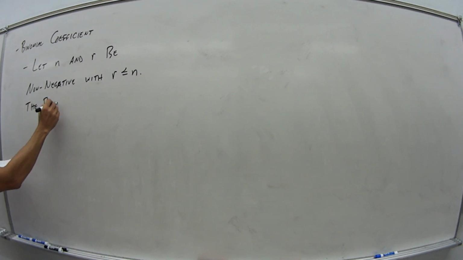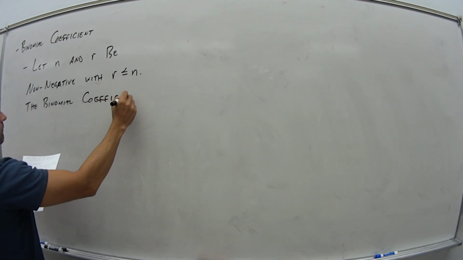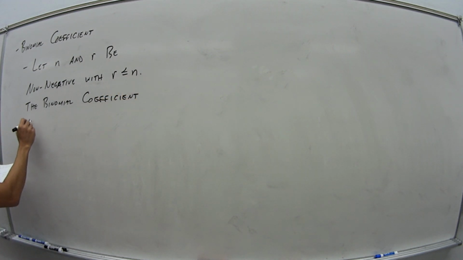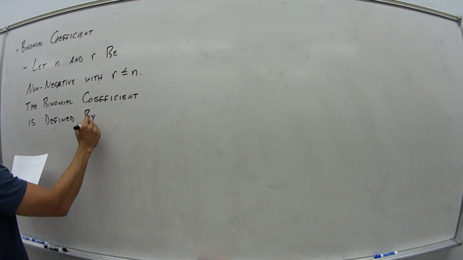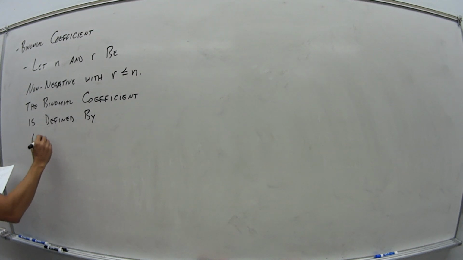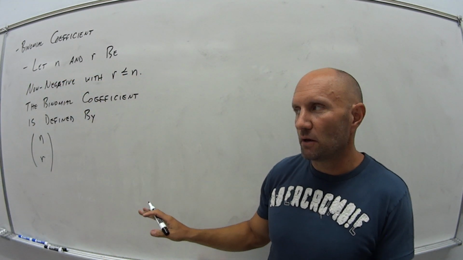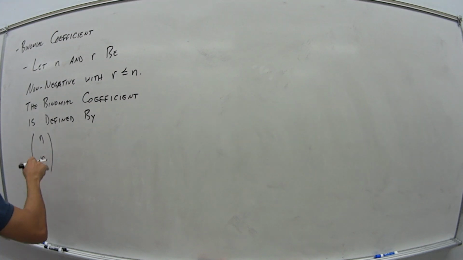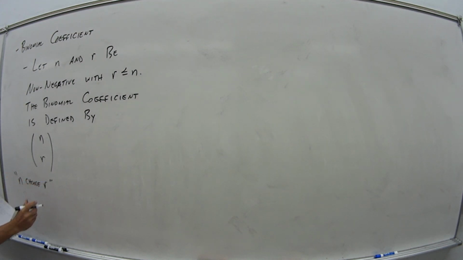The binomial coefficient is defined by this notation, n, r, inside of parentheses, but notice it's not a fraction. I don't have a bar over the top of these, it's just n and r in the parentheses, and this is referred to as n choose r.